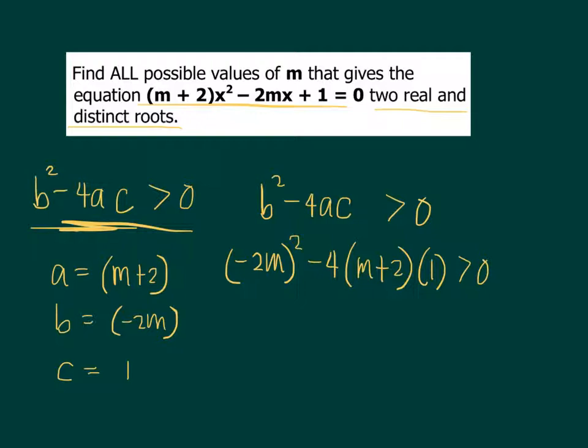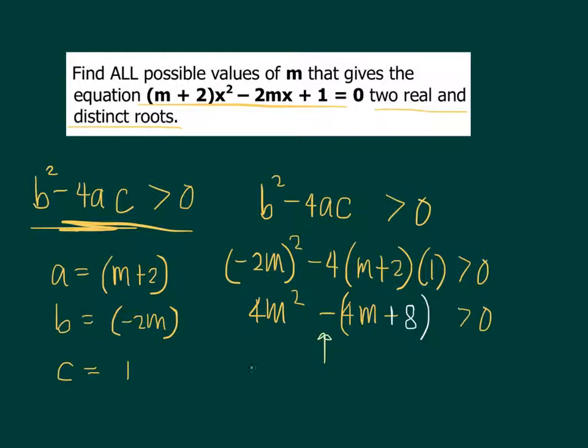Simplifying this will become 4m squared minus 4m, and let's start with distributing the 4 on the parenthesis: 4m, note the minus sign is still there, so 4m and 8. So this is plus 8, and then times 1, so greater than 0.